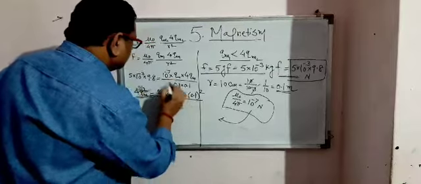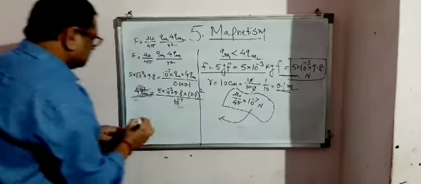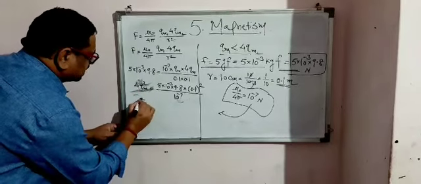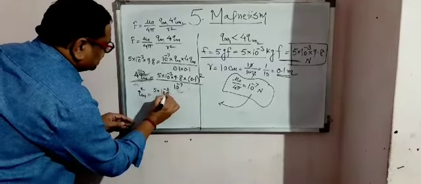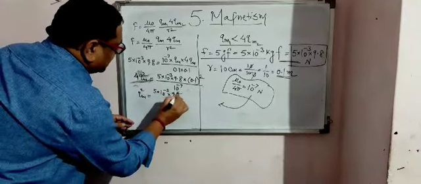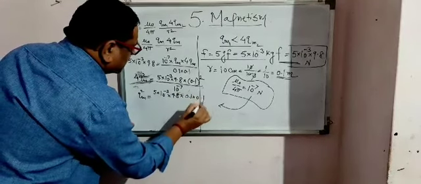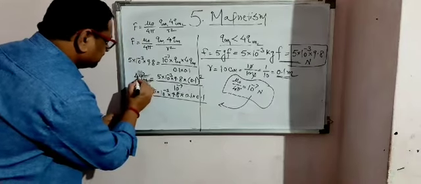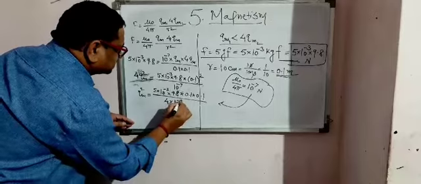This quantity will be divided by 10 to the power minus 7. Of course, this 4 will also come to this side. QM of its square is equal to 5 into 10 to the power minus 3 into 9.8 into 0.1 into 0.1 divided by 4 into 10 to the power minus 7.